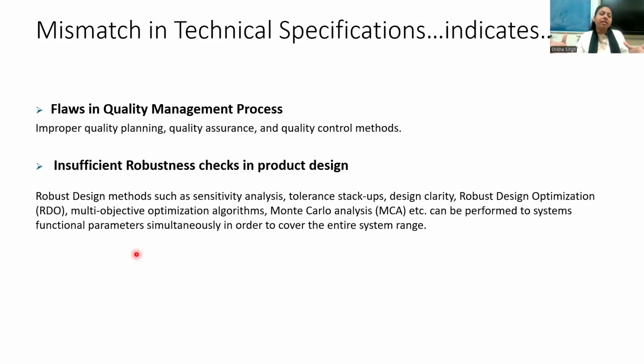Different functionalities are there, and for different functionality checks we can utilize different methods, right? So this is how things should be done. But how much we follow, that is a question mark here.